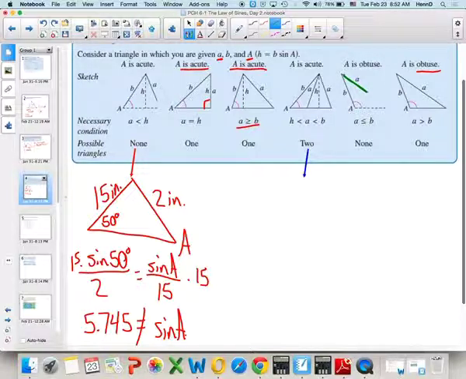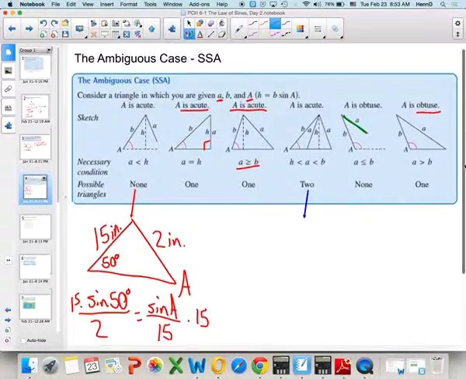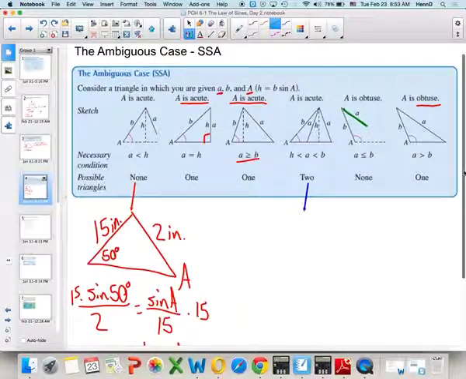You don't even have to do any work. Just put not possible, biggest side is not across from the obtuse angle, or something like that. Don't just put oh, no solution. Give some kind of a reason. Explain what's going on. Okay?